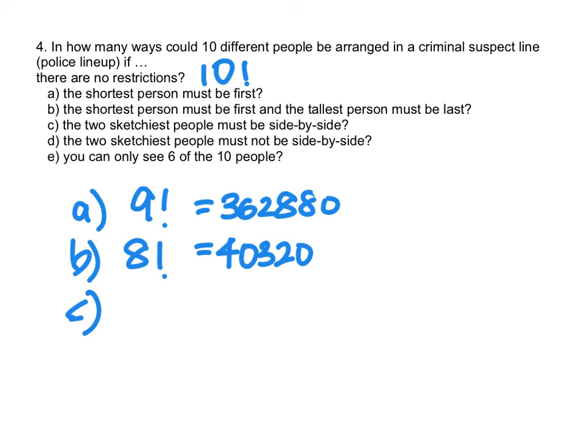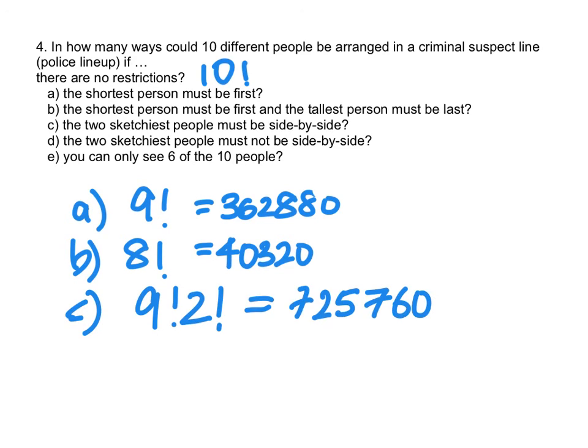So if they count as one person, we're actually left with 9 people that we are organizing, and then because they can be sketchy 1, sketchy 2, or sketchy 2, sketchy 1, we have to organize the sketchy people. That's 2 factorial, which is 725,760.